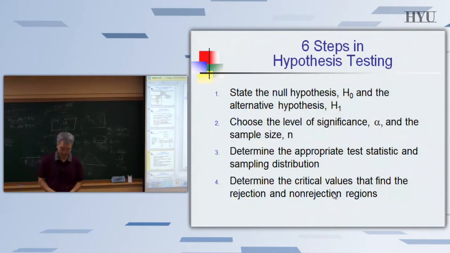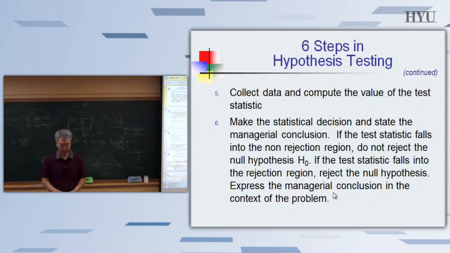And then you choose the level of significance alpha and the sample size n. Then determine the critical value based on alpha, and calculate the actual test statistic based on the sample mean. And then you can make the decision.